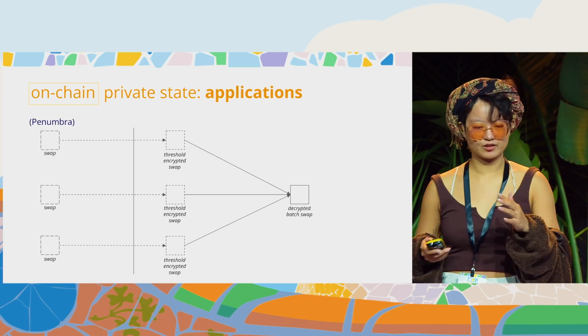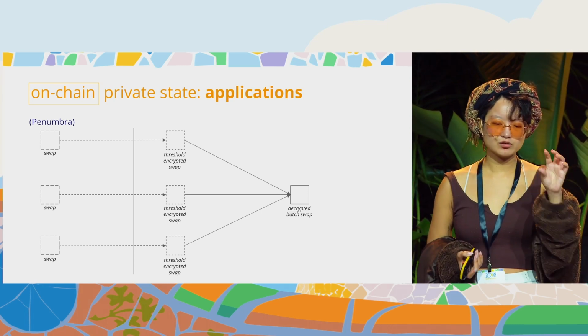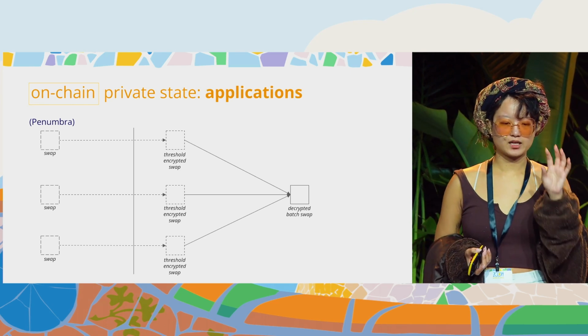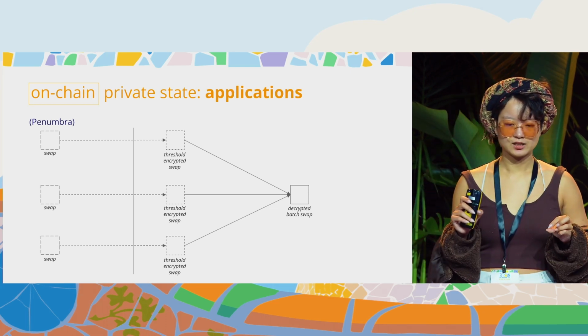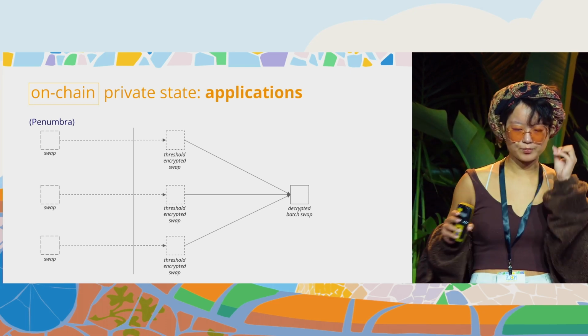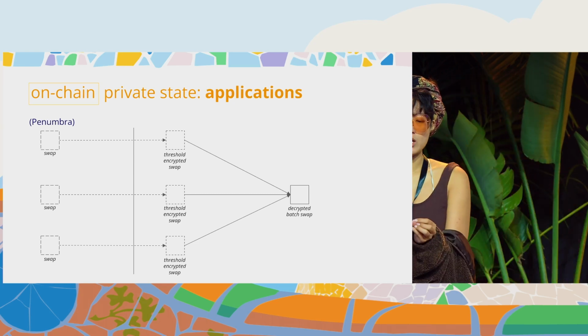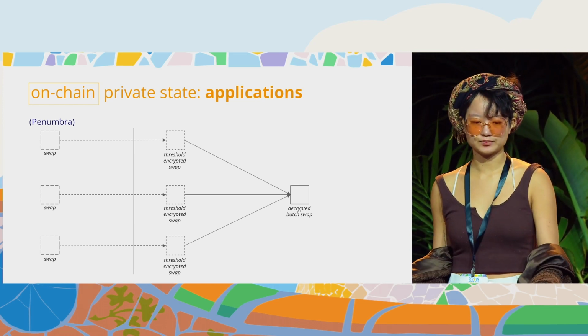Let's make it concrete with an example, Penumbra, for instance. It allows users to submit individual swaps that are in and of themselves not complete transactions. Their private state is the swap. What they do is encrypt it to some threshold of validators in the Penumbra network.